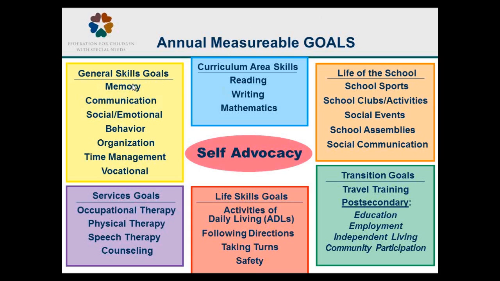Likewise, general skills: memory, communication, social and emotional, behavioral, organization, time management, vocational skills. Vocational skills more come into play when you have students who are on that vocational track. What kind of skills do they need in order to be employable? And what kind of skills do they need to be employable in an area that they enjoy?